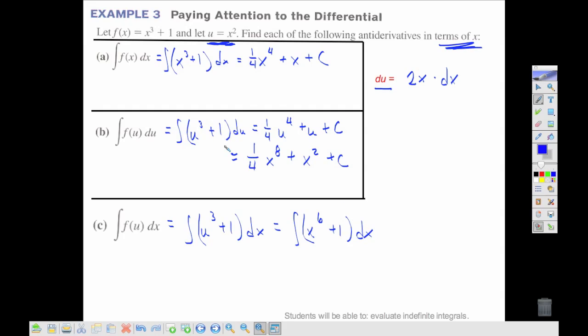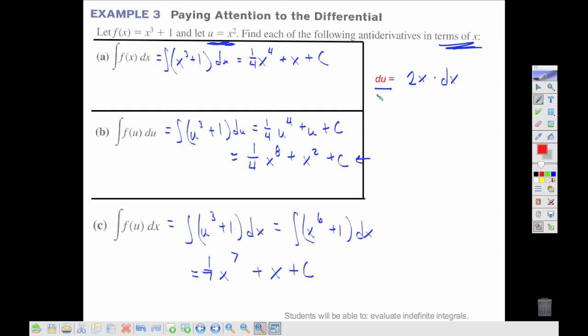Okay, so in this one we integrate first, then substitute. This one we're going to need to substitute first. When we take the antiderivative, that's going to give me 1/7 x to the 7th, and then still plus x and plus a constant. But that looks very different from what we had when we did the u du and substitute later. And so we have to be careful to make sure that our variables agree on these.